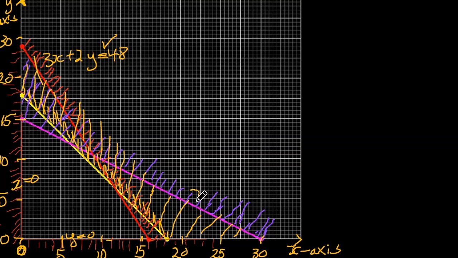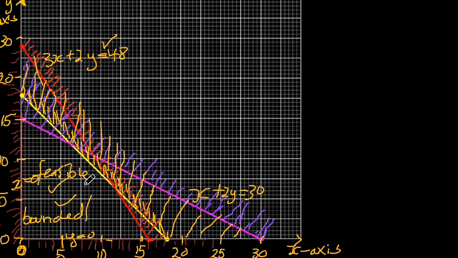This other line, this purple line, is x plus 2y equals 30. Once I have plotted it and shaded correctly, I can see that this area that is plain without any shading, we call the bounded region. It is bounded by some restrictions, some constraints, or it is also called the feasible region.